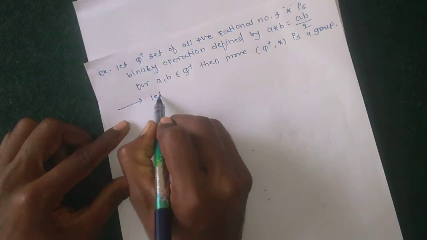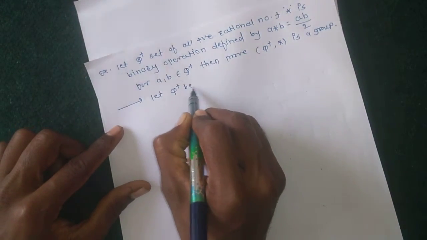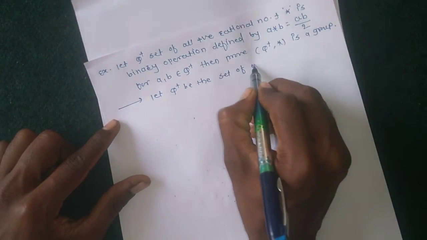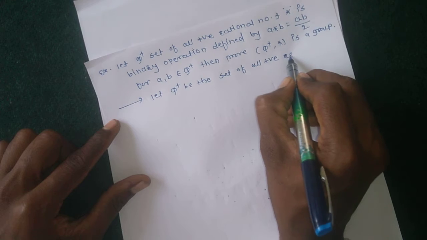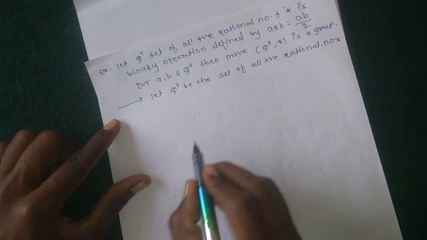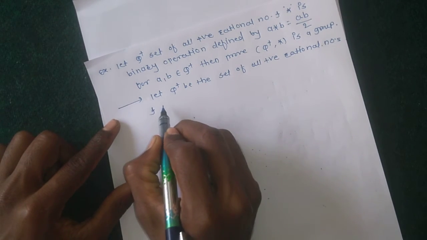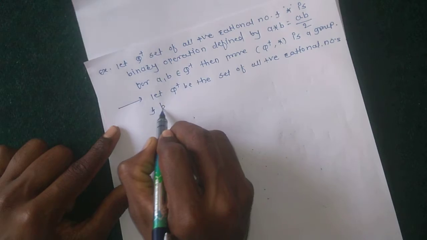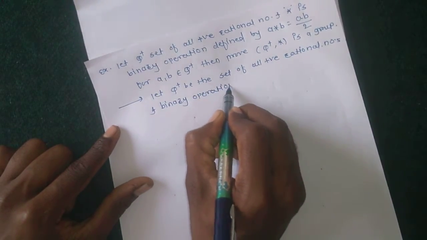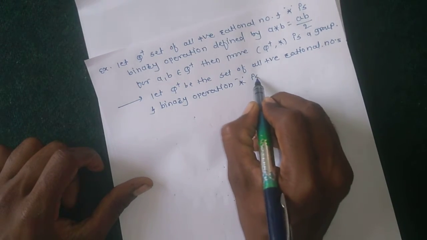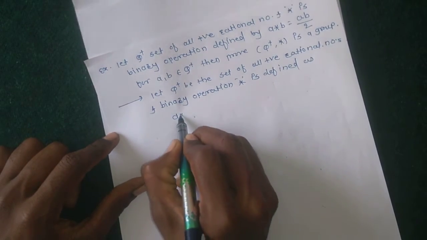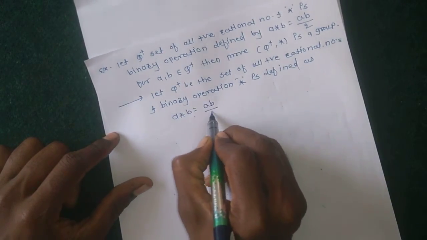Let Q plus be the set of all positive rational numbers, and the binary operation star is defined as a star b equal to ab by 2.